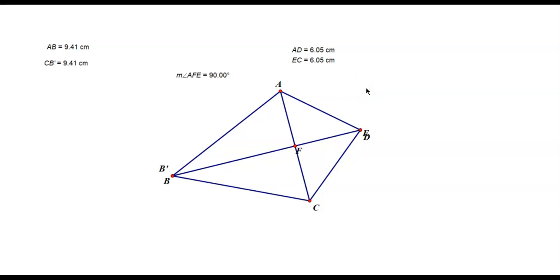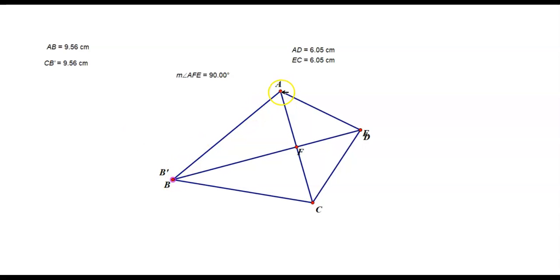Another property of kites is that they have one pair of angles directly across from each other. That would be the angle up here at A, the big angle, and the angle down here at C. Those two angles are congruent. So let's check that out.